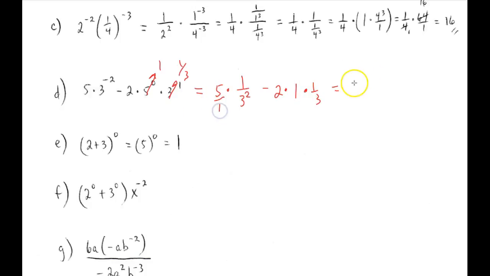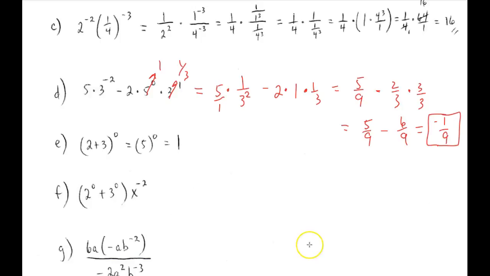So if we put that over 1, that will be 5 over 9 minus 2 times 1 is 2. 2 times 1/3 is 2/3. And then, of course, from there, we need to find a common denominator. So the least common denominator between 9 and 3 is 9. So we multiply numerator and denominator of the second term by 3. So we get 6 over 9. So our answer ends up being a negative 1/9 there.